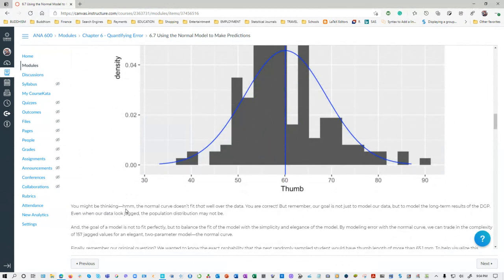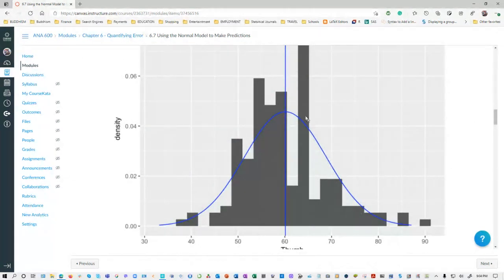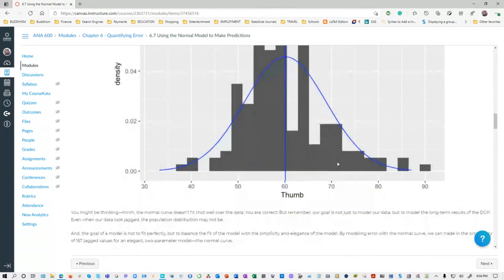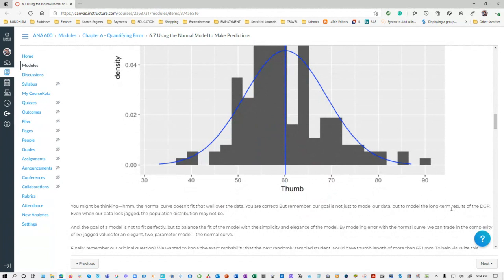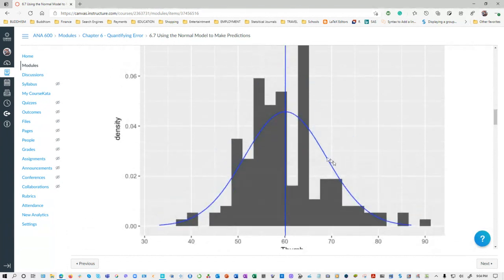You might be thinking the normal curve doesn't fit that well over the data. You are correct, but remember, our goal is not just to model our data, but to model the long-term results of the DGP. DGP means data generating process, meaning we are trying to get a rough idea where this data is coming from. We really don't know where it comes from.